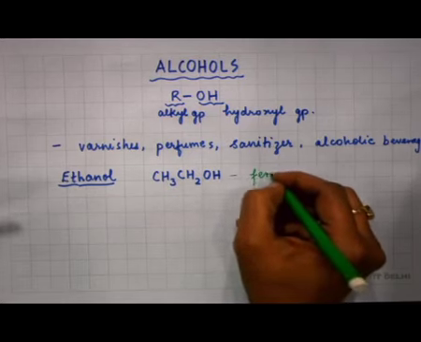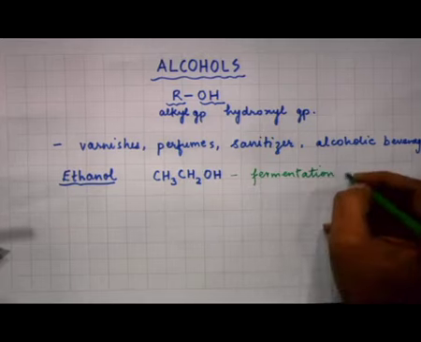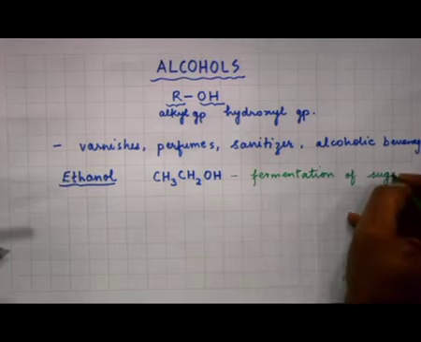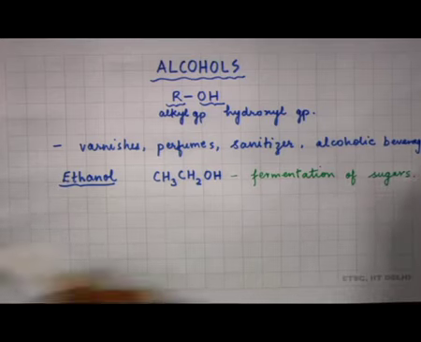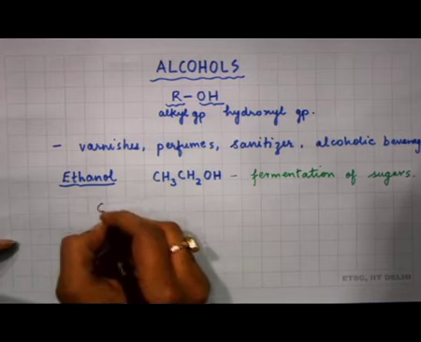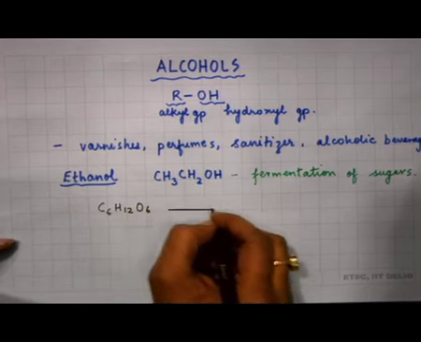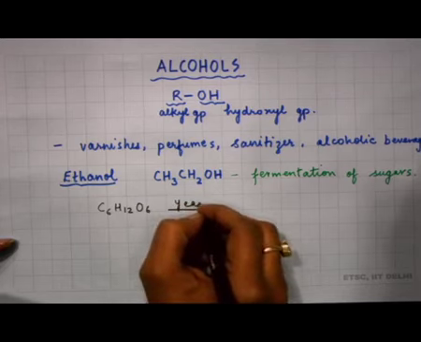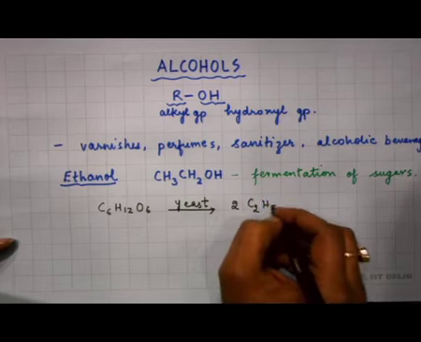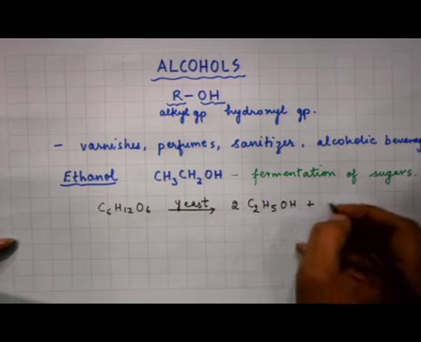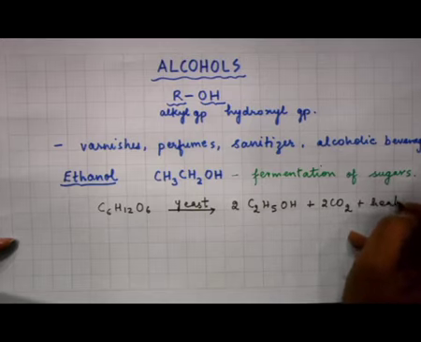It is prepared by the fermentation of sugars, which is in fact one of the industrial ways of producing ethanol. You start with the sugar, and in the presence of yeast, this metabolic process gives ethanol as the major component along with the production of carbon dioxide gas.